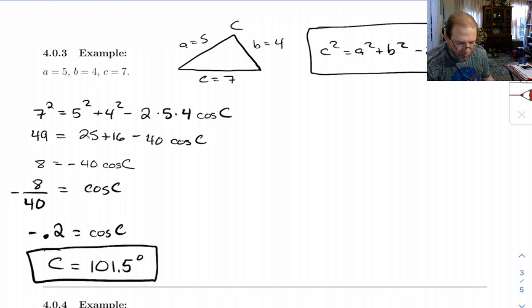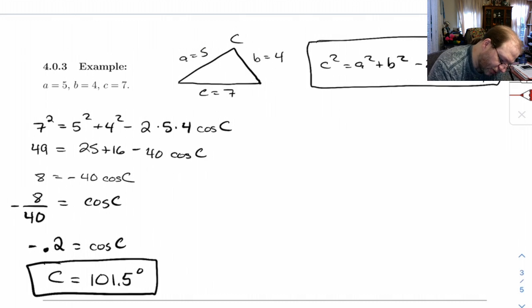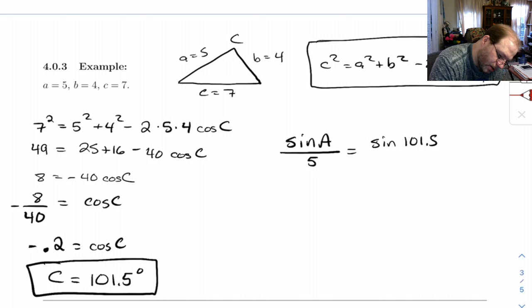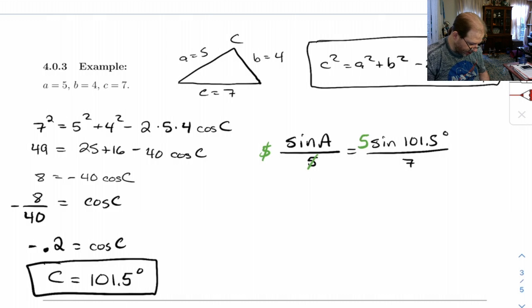And now I find either one of these other angles. So let's just find angle A. So sine A over 5 equals sine C over C. What was C? 7. So multiply both sides of this by 5. So I get 5 sine 101.5 divided by 7.